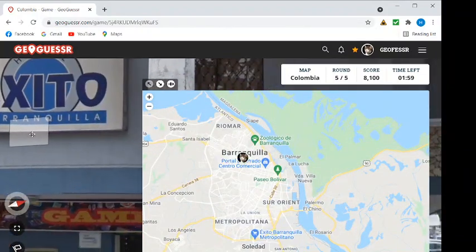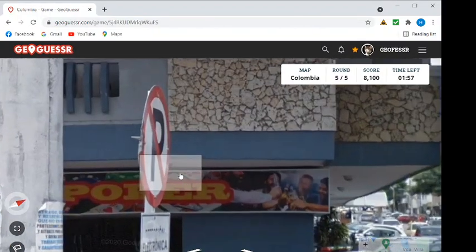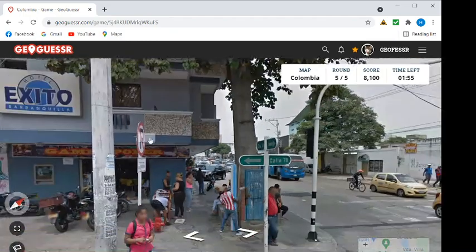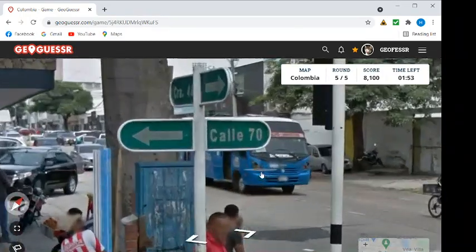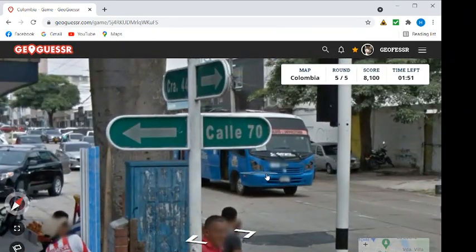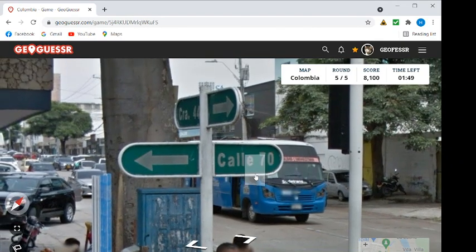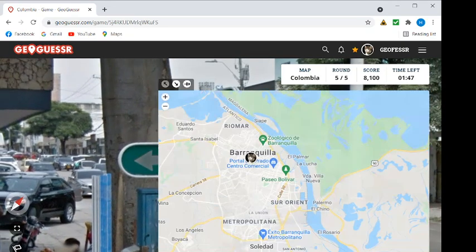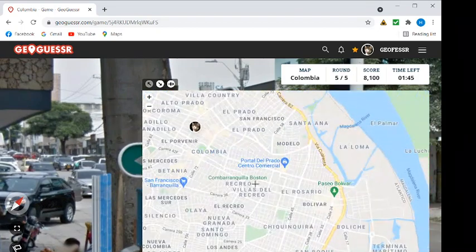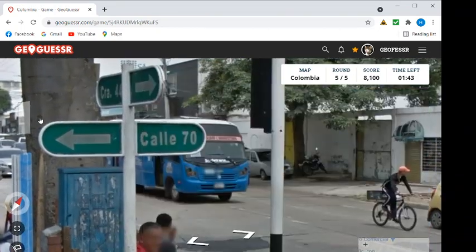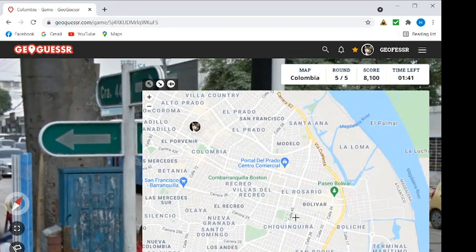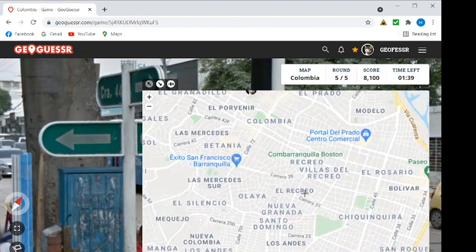I had mentioned Barranquilla in the origins of Avianca, the very early airline that they had in Colombia, founded in 1919. So we have 44 and 70. Okay, so we have Calle is in one direction, right?